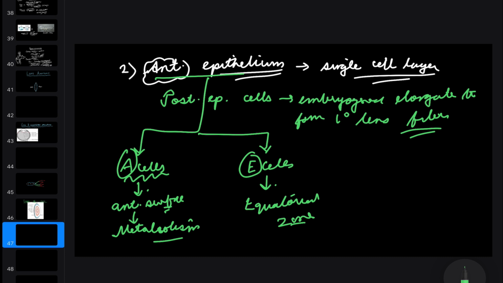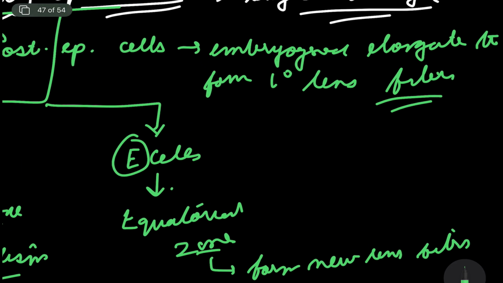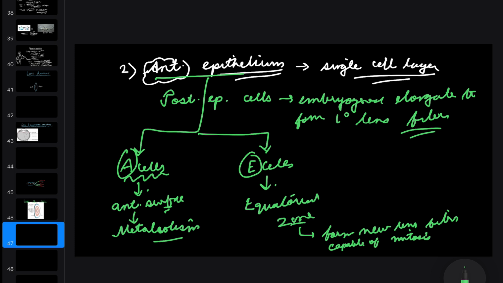These E cells form new lens fibers, because they are capable of mitosis. So A cells are capable of metabolism and E cells are capable of mitosis.